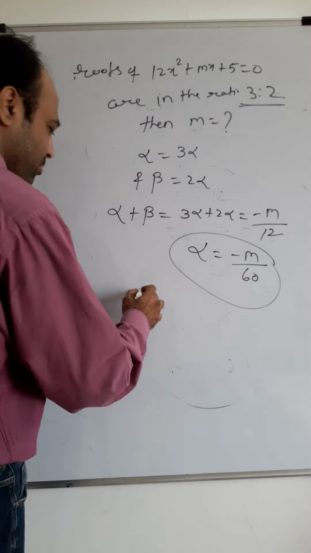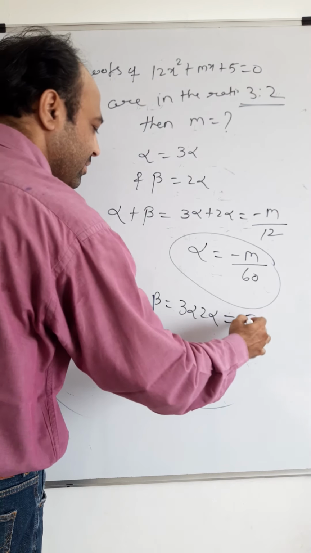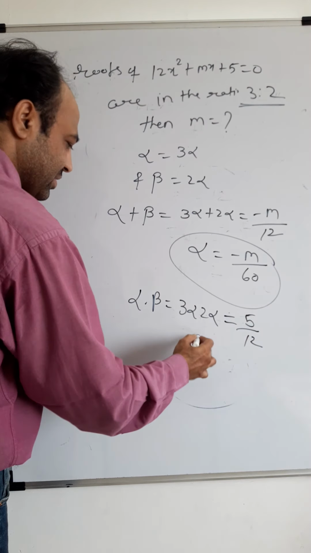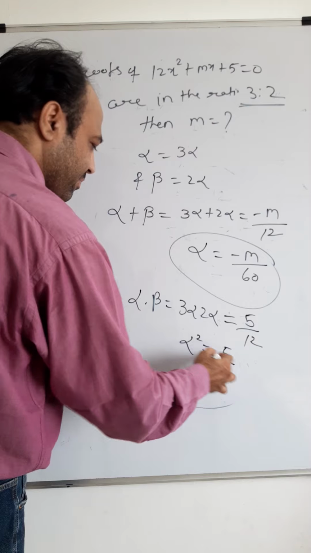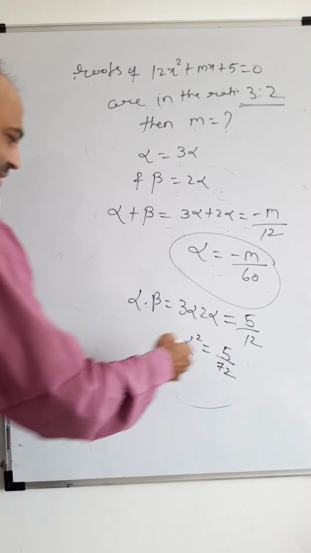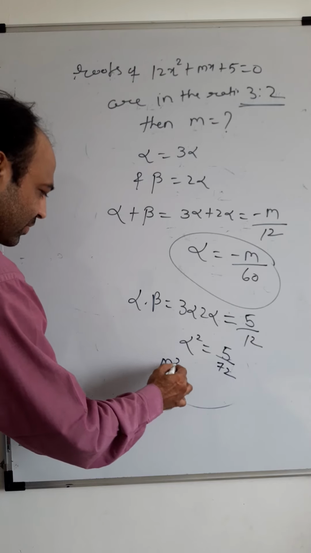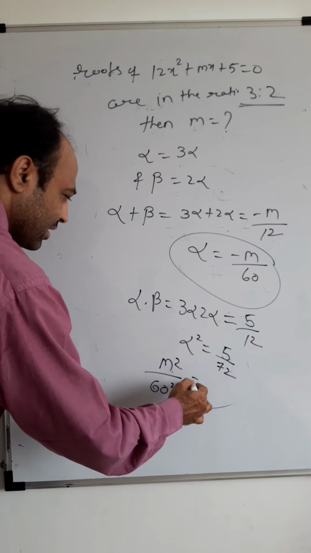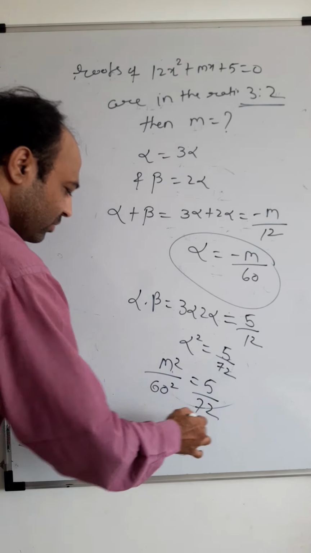Now the product of the roots, which is 3 alpha into 2 alpha, is c by a, 5 by 12. So alpha square is 5 by 72. Alpha is m by 60. We'll substitute here. So m square by 60 square equals 5 by 72.